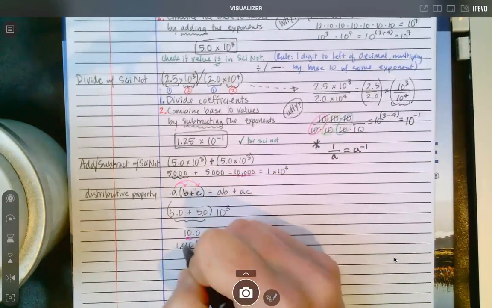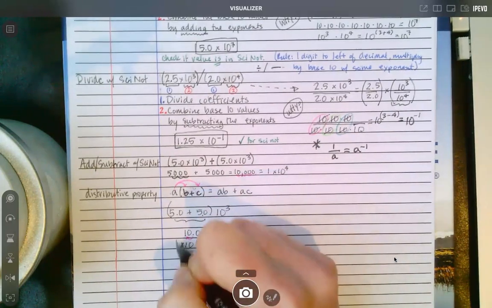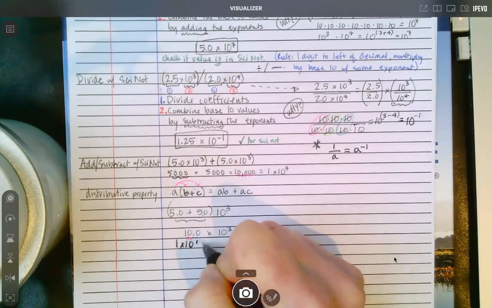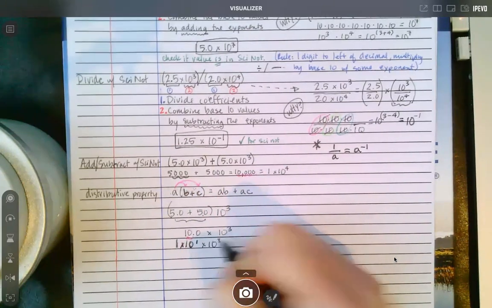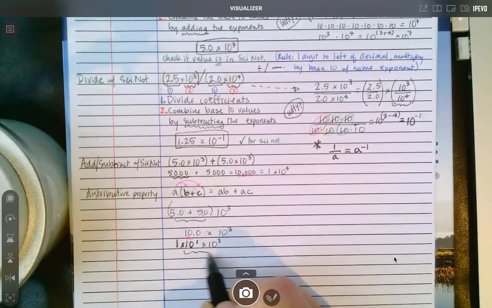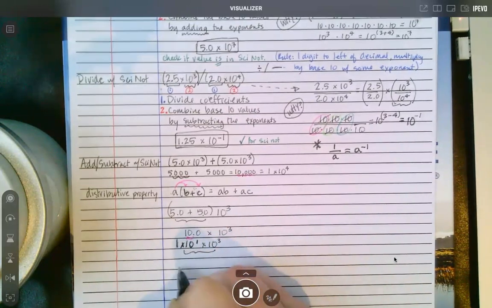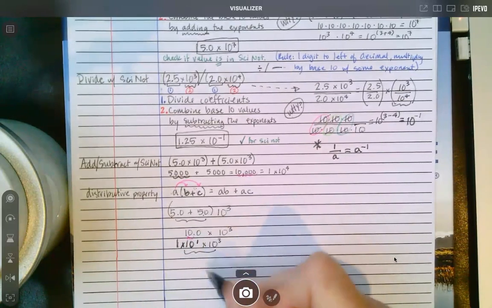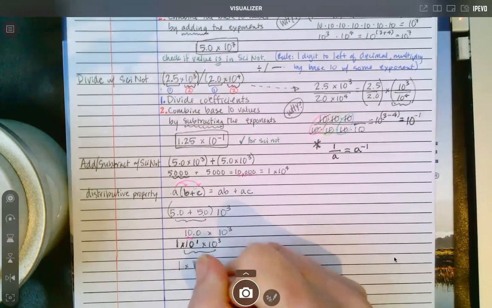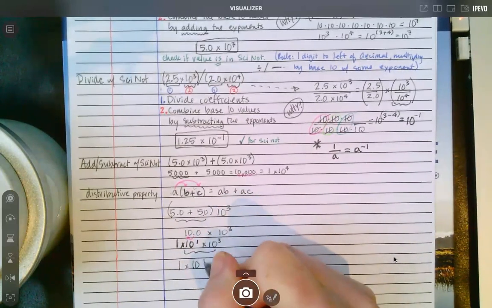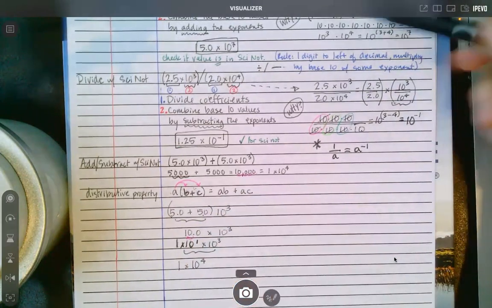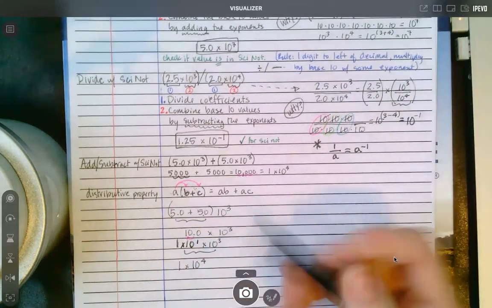Let's say 1 times 10. And remember, 10 to the 1 is still 10 times 10 to the third. And now I'm going to recombine those two, so that I can rewrite this in actual scientific notation, which would be 1 times 10 to the fourth.